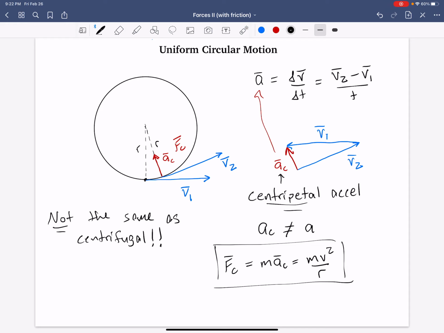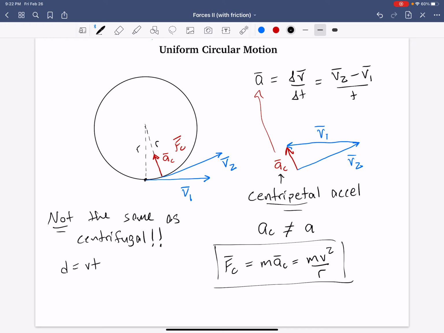Okay, so one more thing. If an object undergoes a centripetal acceleration, moving at a constant speed, constant radius, all that stuff, that means if it undergoes a complete circle, it has to take some time to do that. So distance equals rate times time. We know that from chapter 2. Distance equals rate times time, v times t.